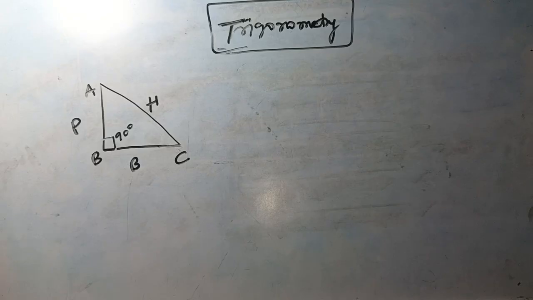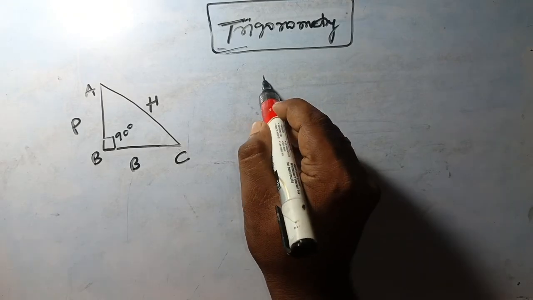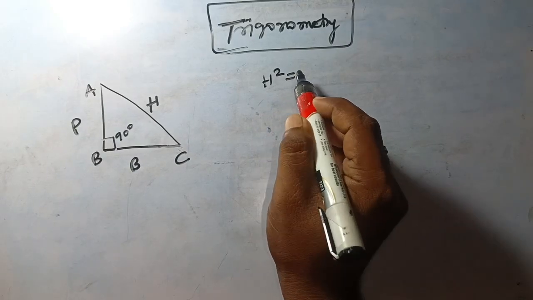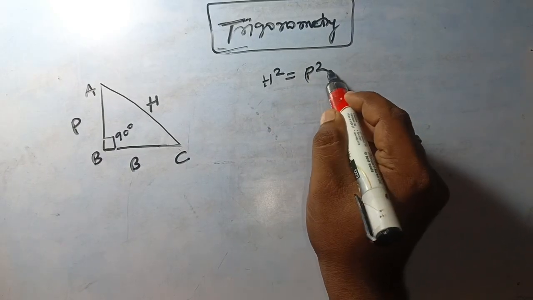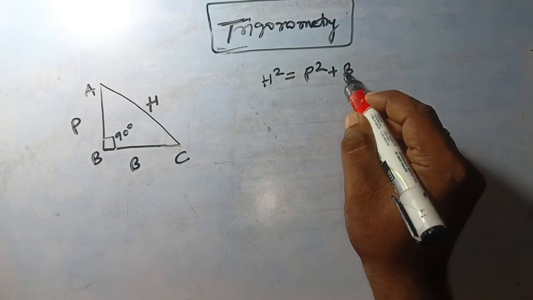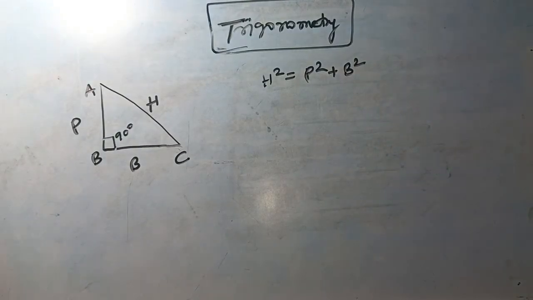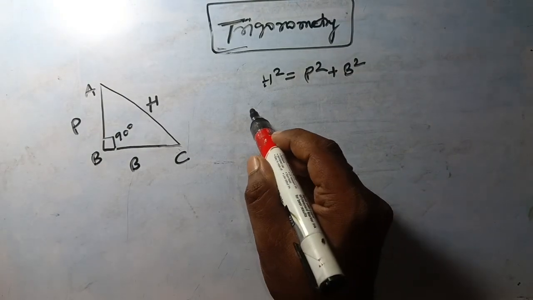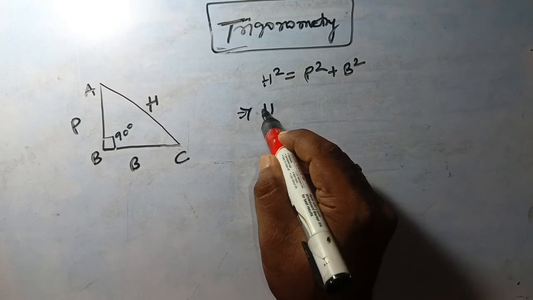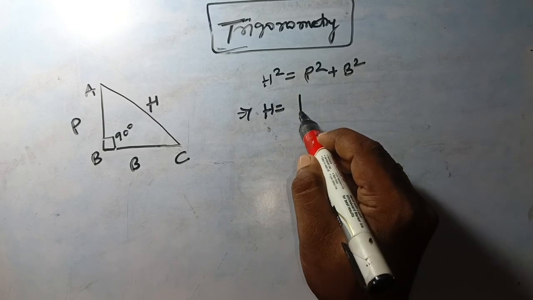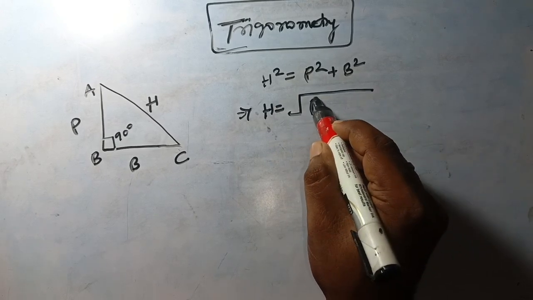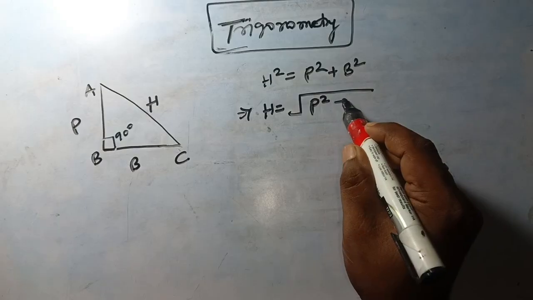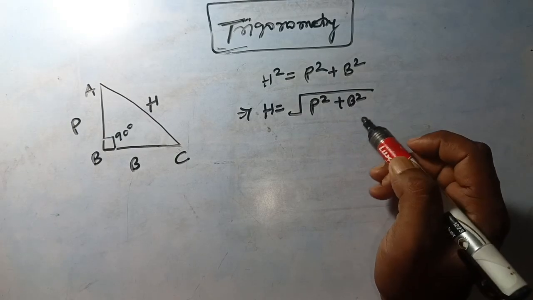Now we all know from the Pythagoras theorem that hypotenuse square is equal to perpendicular square plus base square. From here we can calculate hypotenuse as root under perpendicular square plus base square.